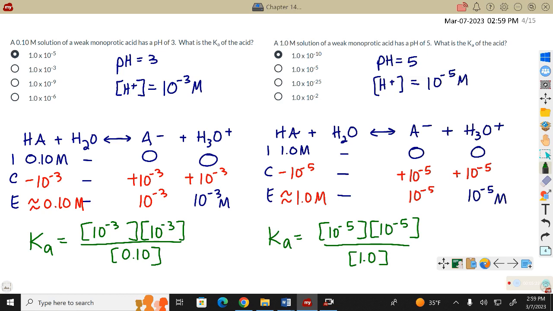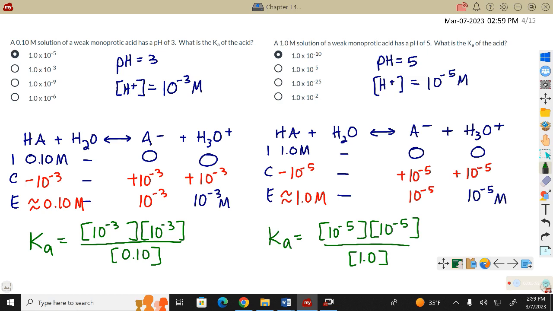And then technically at equilibrium, my acid, my HA, would have started at 0.1 molar or 1 molar, and it would have gone down. But that change is so small. And that's why often when we do these ice tables and we're solving for K with weak acids or bases, we kind of ignore that minus X, or in this case it would have been minus 10 to the negative third or minus 10 to the negative fifth.